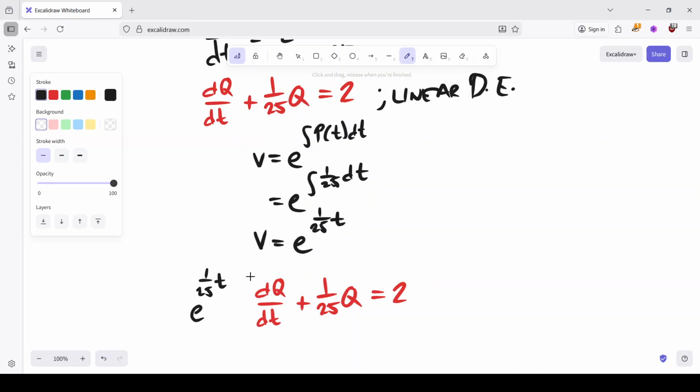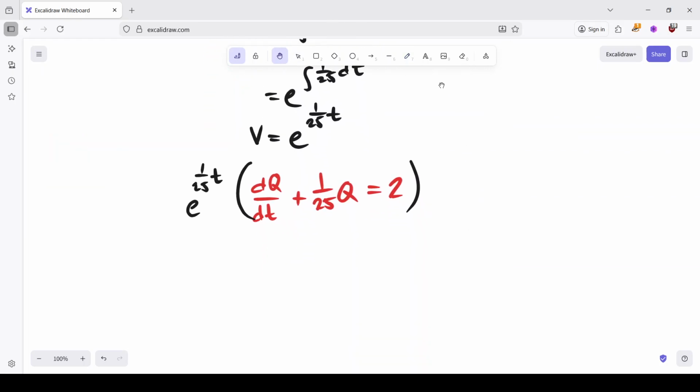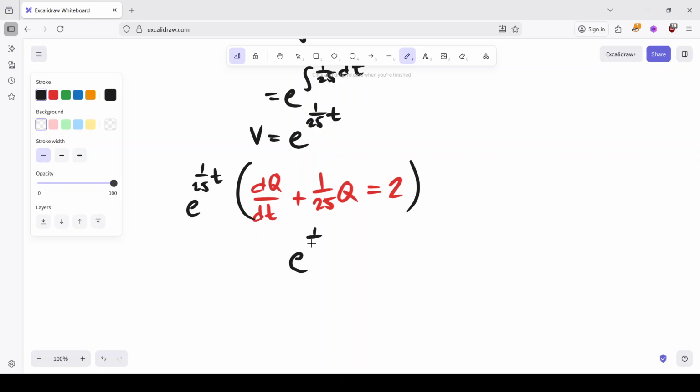On the left side, we will have v times y, or in this case, e raised to 1 over 25t times Q, is equal to 2 e raised to 1 over 25t. So we will integrate the right side now.